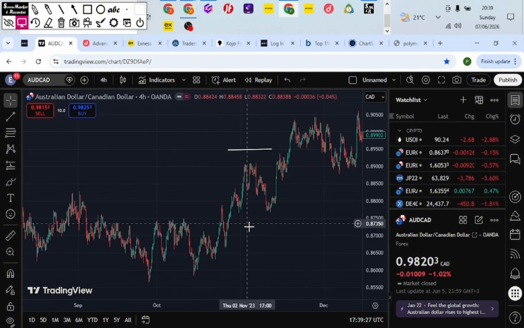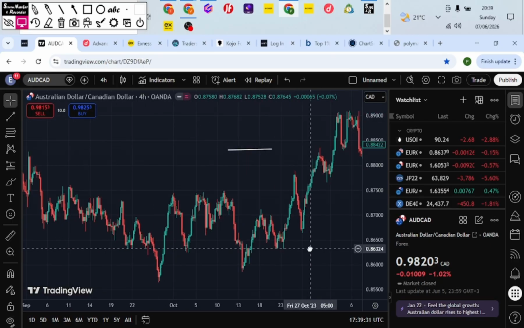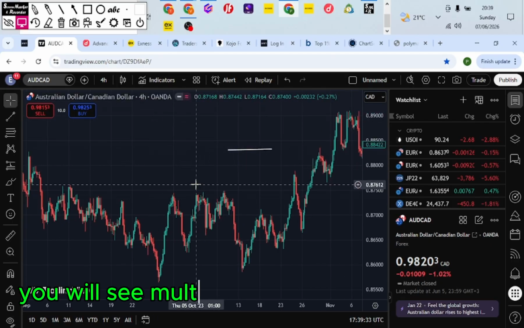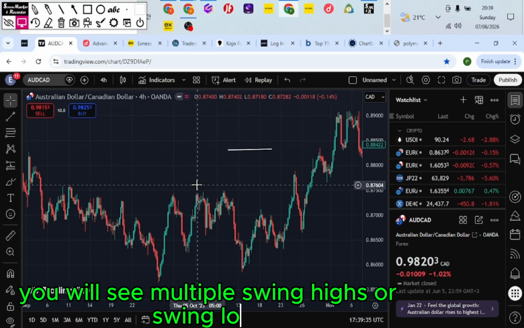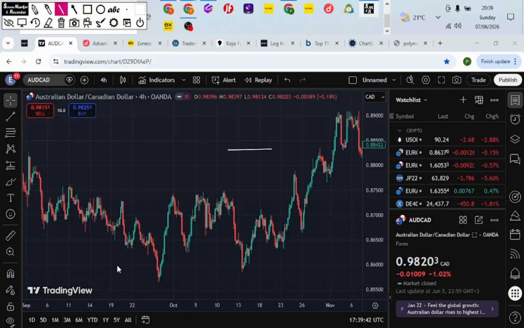For you to understand market reversal and to know that the market is about to reverse, you will see multiple swing highs or swing lows at a particular price. Just like this, we have one swing high here, they took their profits to this direction.